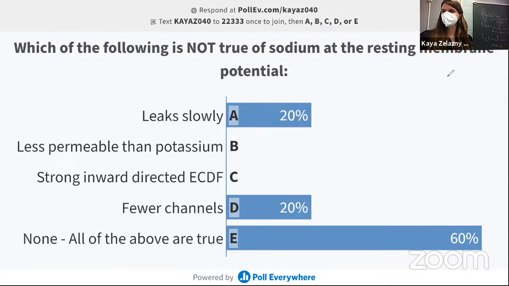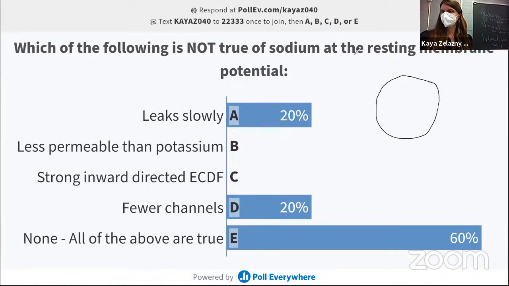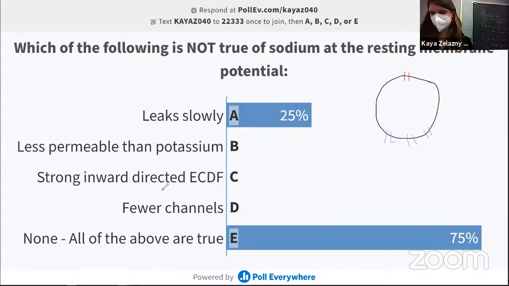So when we have our cell, we know that it is permeable to both sodium and potassium, but it is way more permeable to potassium, which I've drawn a circle, than to sodium.